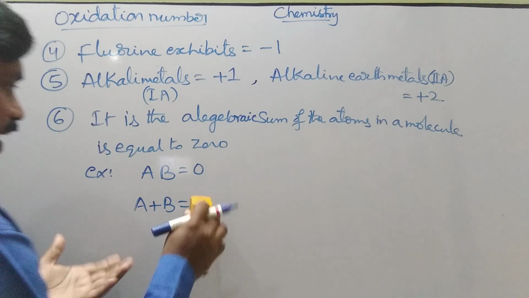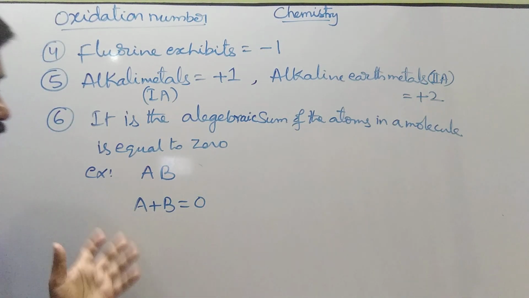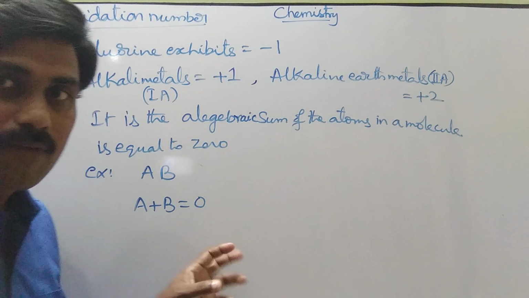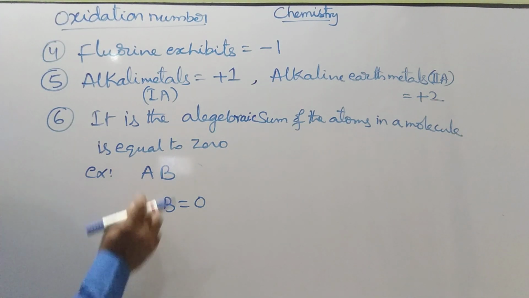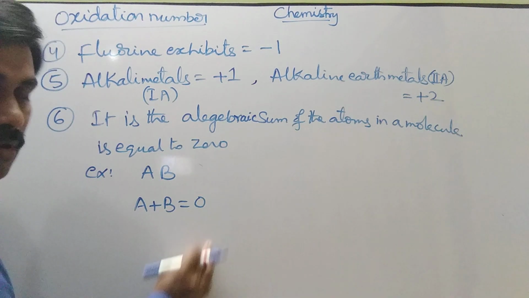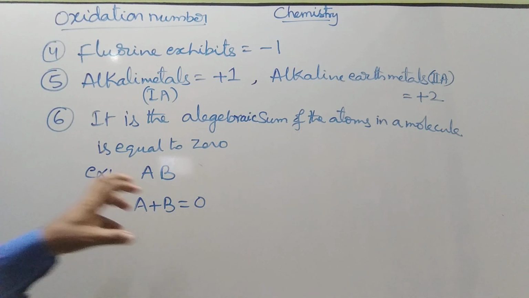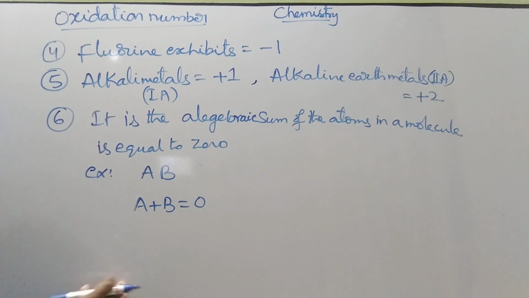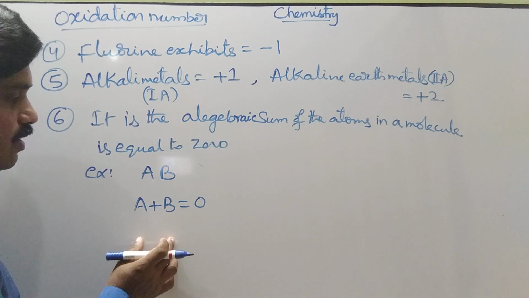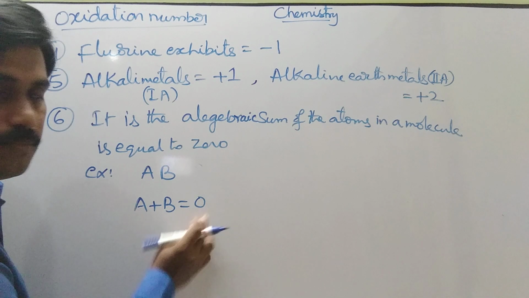So the algebraic sum of the oxidation states of all the elements, the oxidation state of A plus the oxidation state of B, is equal to 0 for neutral molecules. So if it is a neutral chemical compound or neutral molecule, definitely the sum of the oxidation states of the elements is equal to 0.